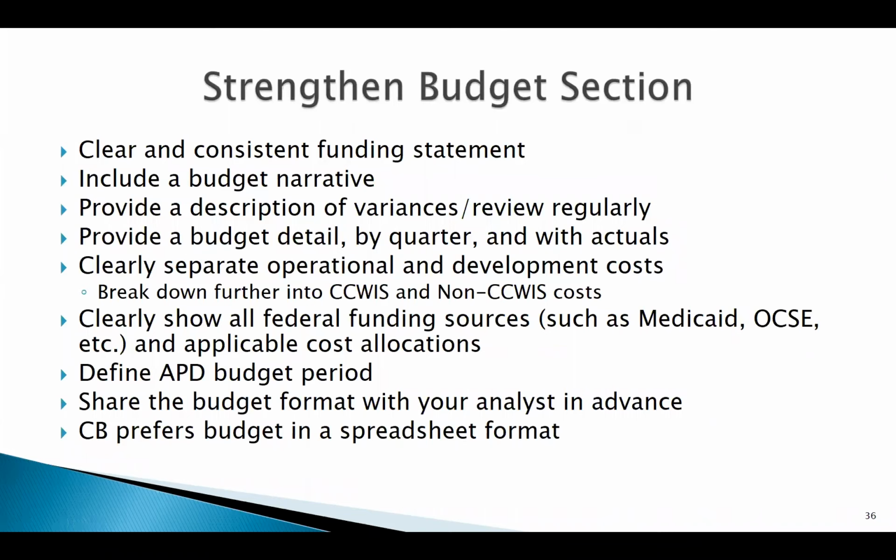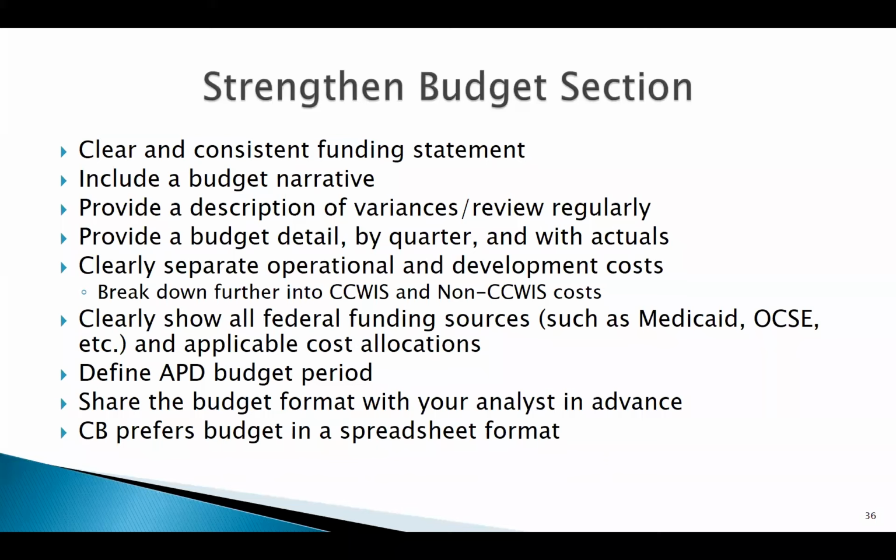So we talked a little bit about the budget, and this is probably an area where, aside from cost allocation, we probably have the most back and forth between CB and state. We talked about having that funding request in your submission letter, and having those numbers be consistent throughout your document is really helpful.